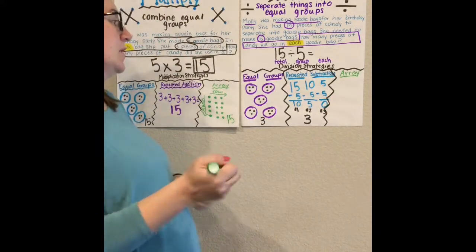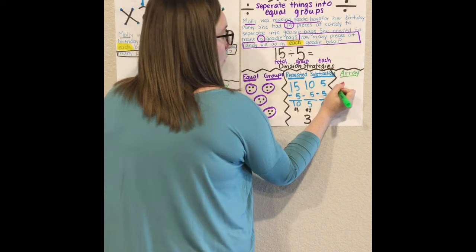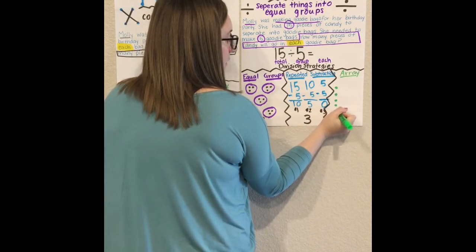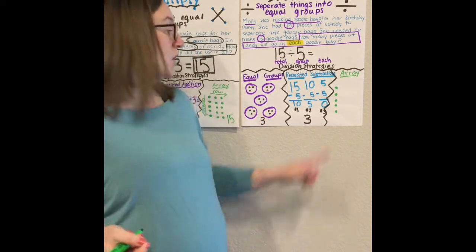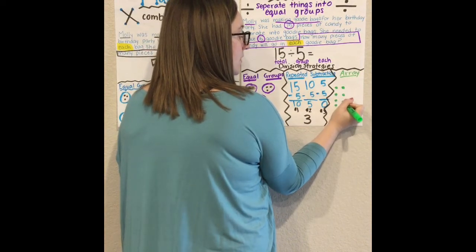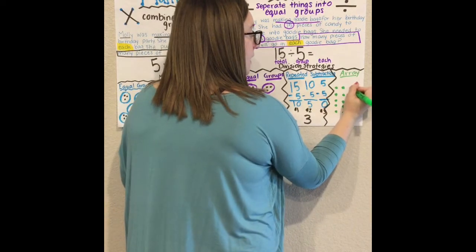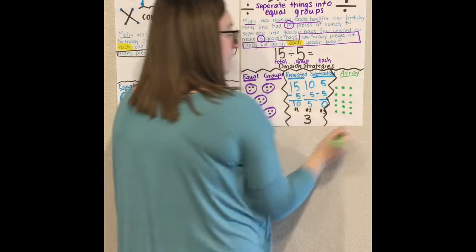Going to arrays. For the arrays, you're going to take 5 as your column. 1, 2, 3, 4, 5. And then you're going to put 1 in each row until you get to 15. So here we have 5, 6, 7, 8, 9, 10, 11, 12, 13, 14, 15.